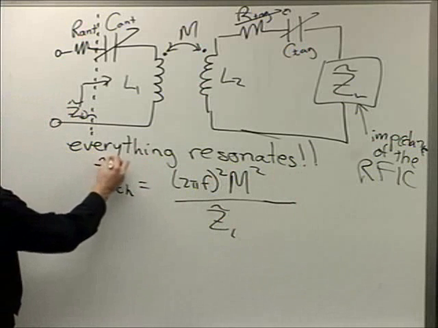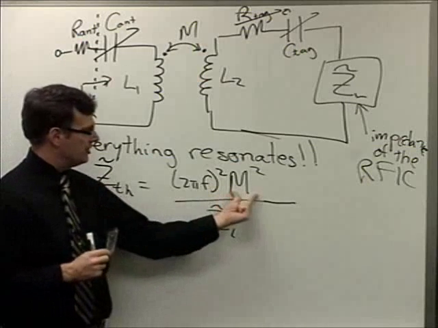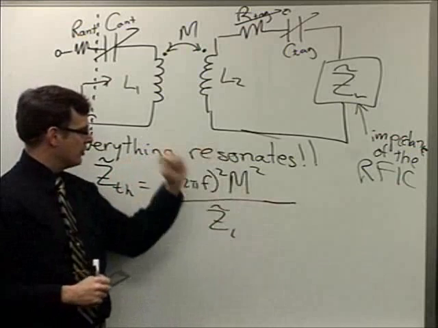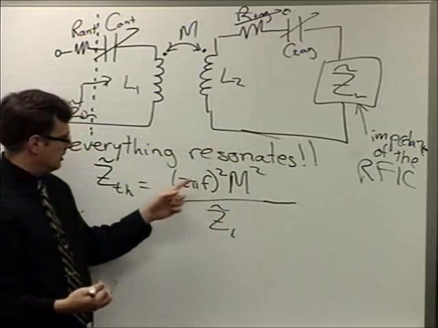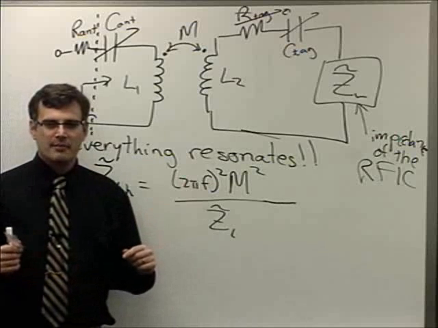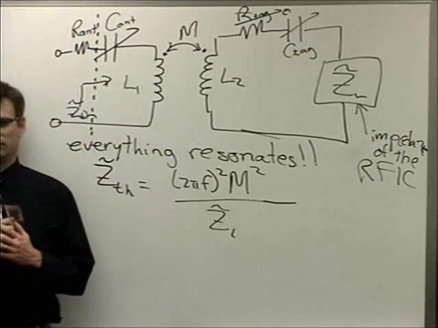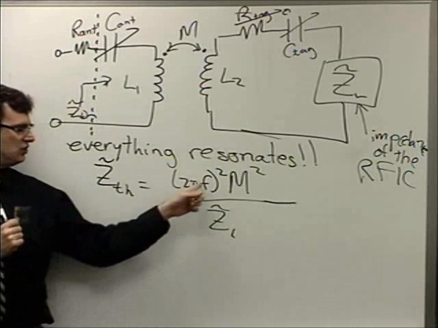This is a phasor. Now, a couple questions. We already know that as you increase the coupling, i.e. you bring this device closer to the antenna, M goes up and you get a better coupling in your system. Does this system work better at higher frequencies or lower frequencies? Think about it. I got f squared here.